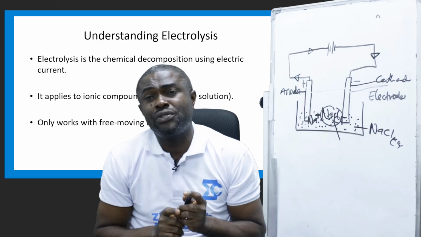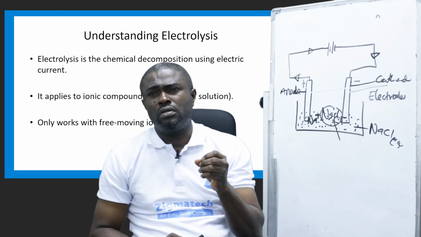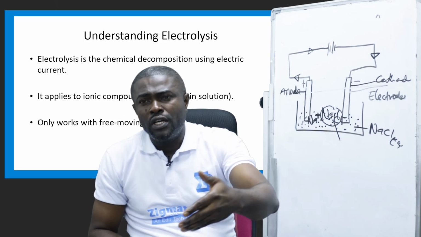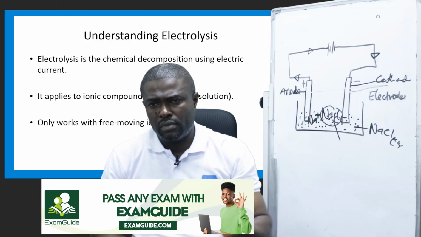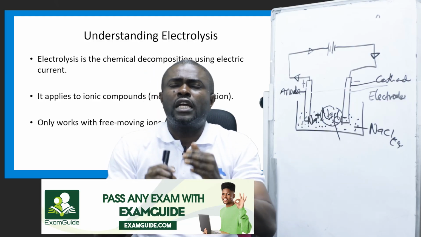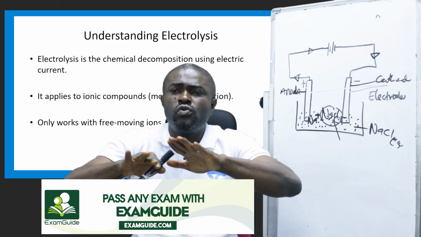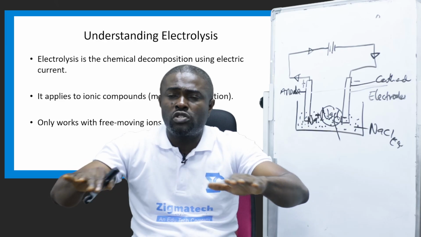I'll take time here to explain this. Please pay attention. Students confuse cation and the cathode. They confuse anions and the anode. They are not the same. The cation and the anion both have to do with charged atoms that have gained electrons or lost electrons.